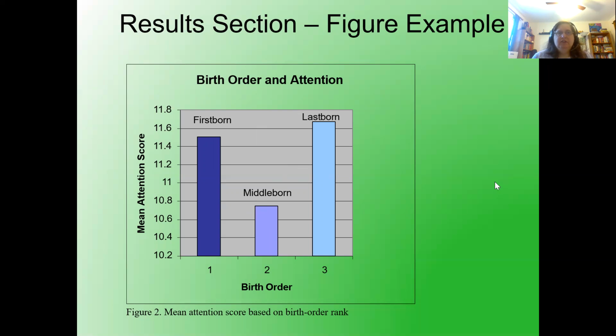Typically, if you're going to do two figures, what I recommend is that your first figure be about the IV and the DV, kind of like this one right here. And then you do one more related to one of your demographic variables and the DV. There are other choices there as well, but that's typically what I recommend.